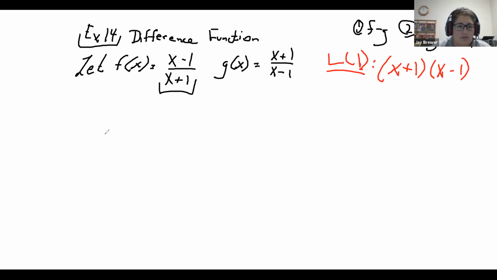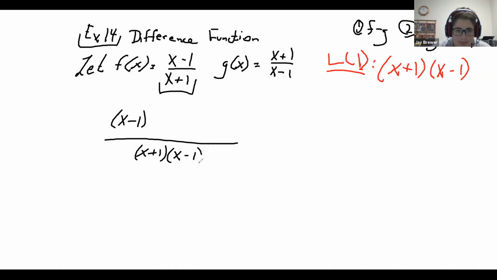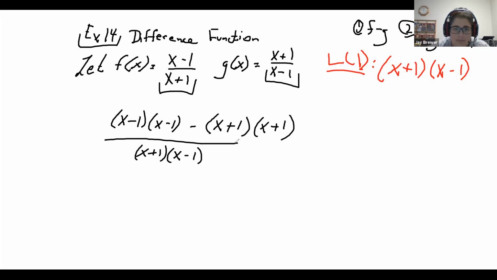What's the part that's missing? It's the x minus 1, right? Okay. And you had x minus 1. And now it's the x plus 1 that's missing. Okay.